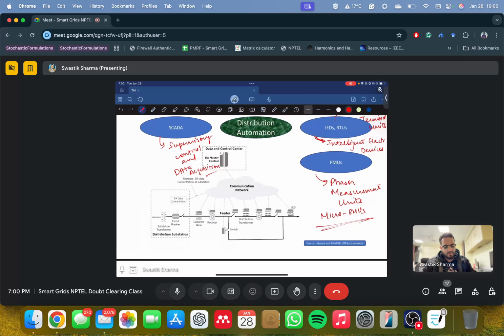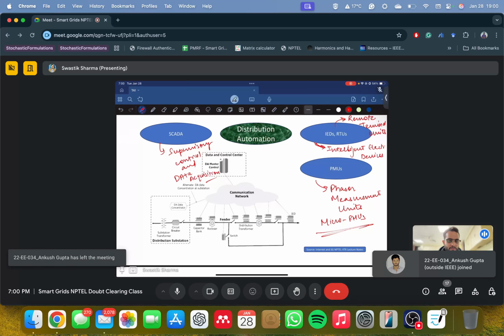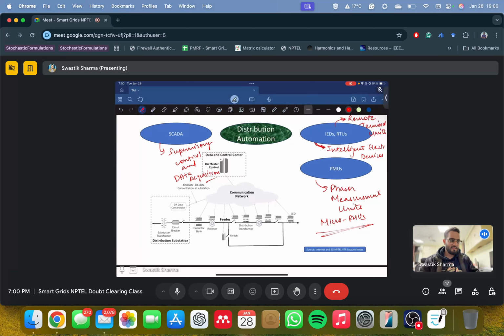You're correct. IEDs are being used and they have been time synced. Obviously you need time sync. If some relay is being used at some place, you want to know at what timestamp it was used, right?